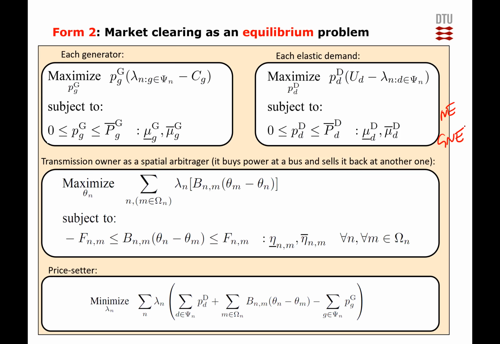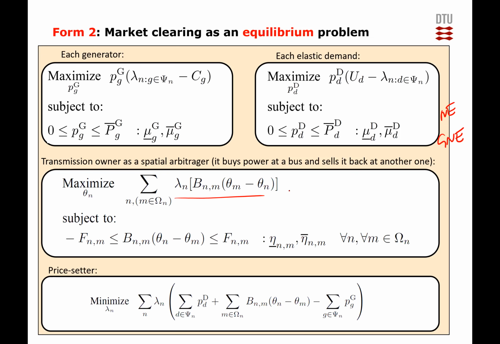It is NE. It's still NE. So having a transmission system will not make our problem GNE, unless in some specific problems that I don't know. But here, with this specific problem, we still have NE, though we have a transmission system. Is it clear?